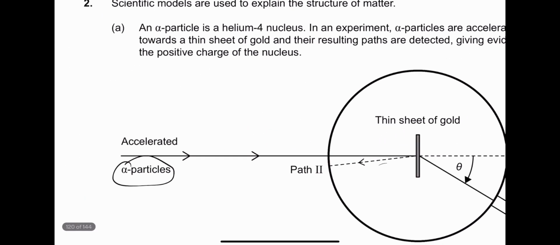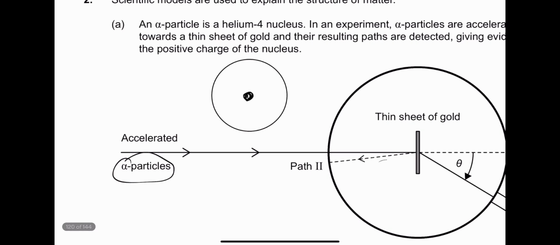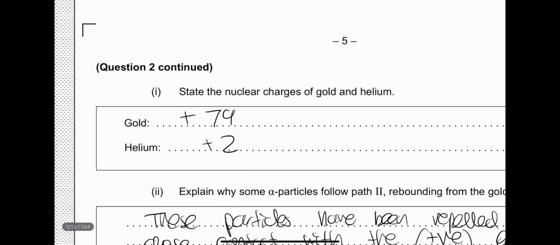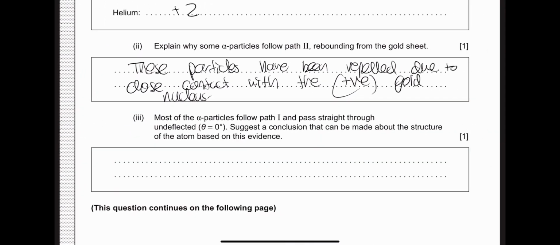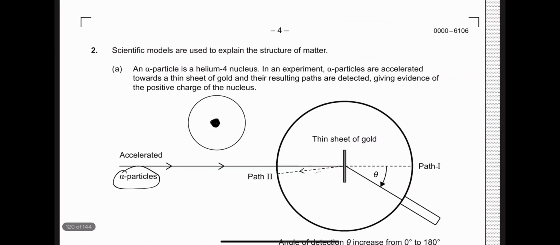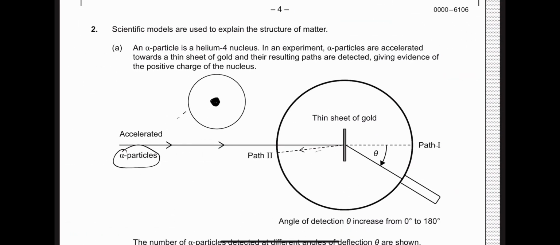If you think about our atom, I won't draw it very well, but draw it like this. We know that somewhere in the atom we have a nucleus, like this. From this we know that most of the alpha particles follow path 1 and pass through undeflected. So most of the particles are going here, here, here, and only a very few are hitting here.